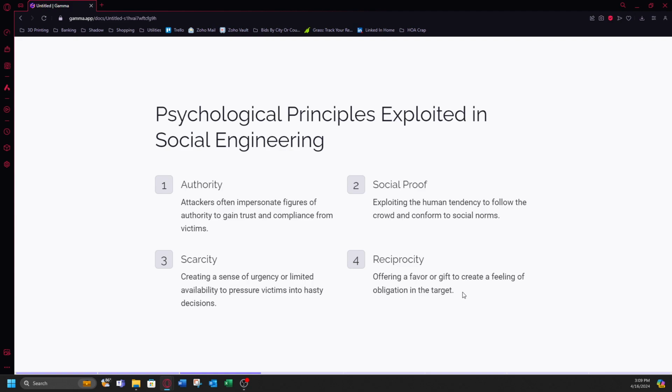So number 4 is reciprocity, right? Basically offering a favor or gift to create a feeling of obligation in the target. If you do this for me, I'll do this for you. And that's problematic because it's scratch my back, I'll scratch yours, but often their favor or gift comes with bad intention, right?